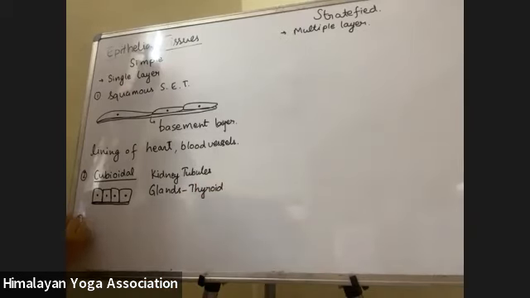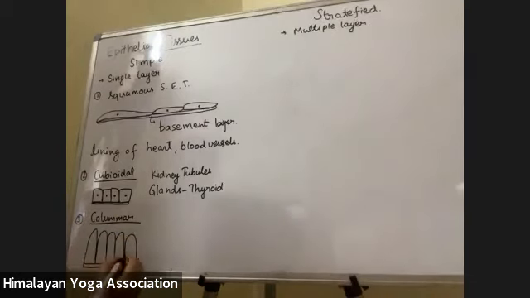Then the third type, we have columnar. In columnar, there is a basement layer, and the nucleus is present towards the basement layer. This is the structure of columnar.